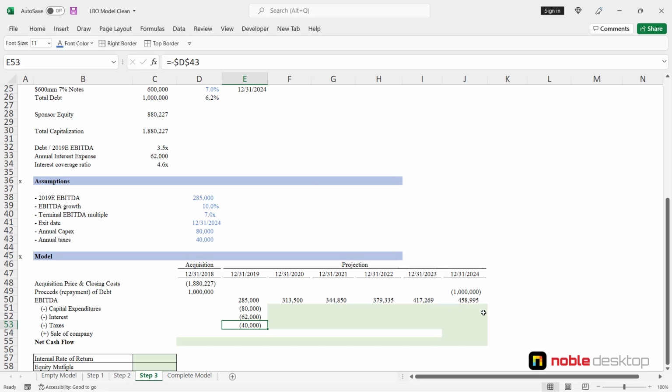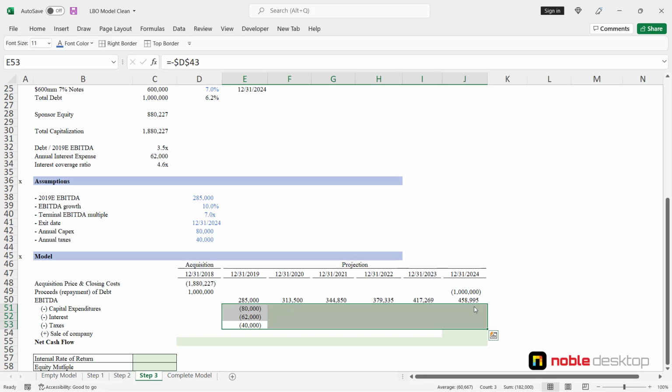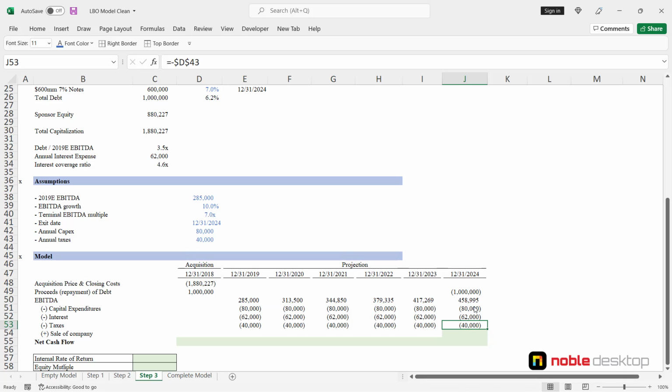I'm going to use F5 function for that, go to window, and I'm going to put the cell to which I want to highlight the range, which is J51, and then instead of just enter, I'm going to click Shift Enter, and it will highlight the whole range for me. Control plus R to fill it to the right, and you can see how in a couple of clicks it's all done.